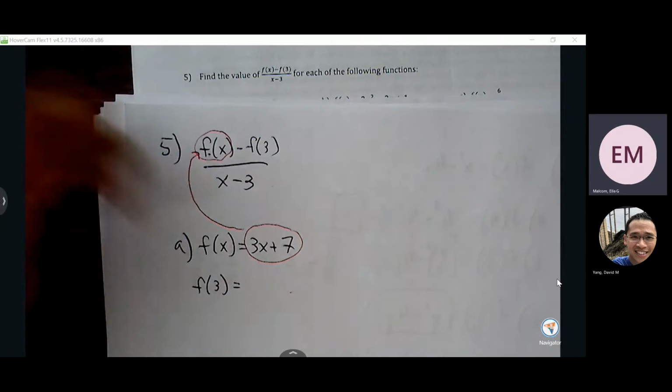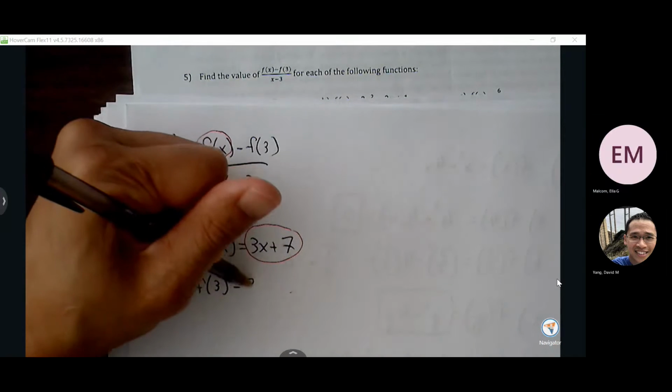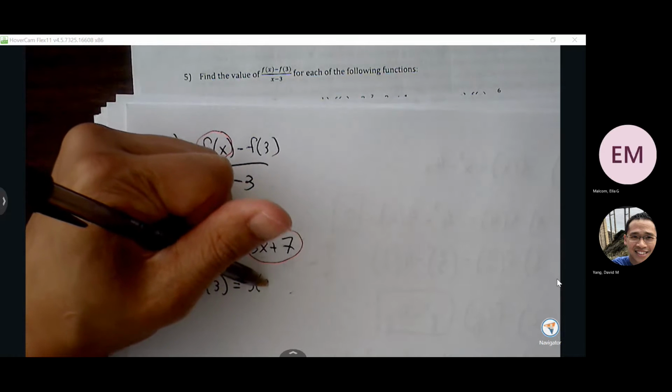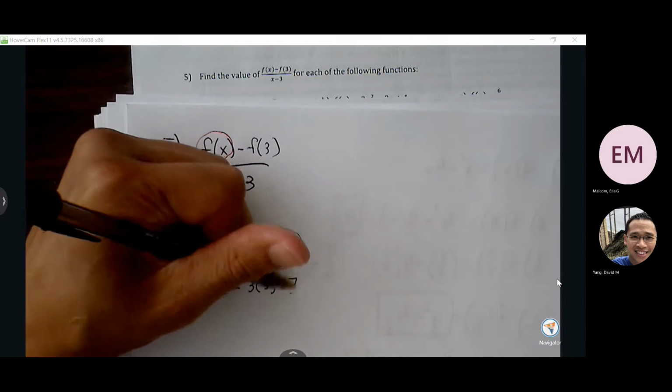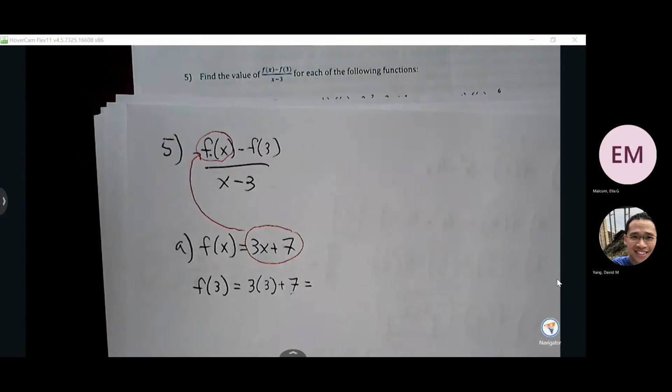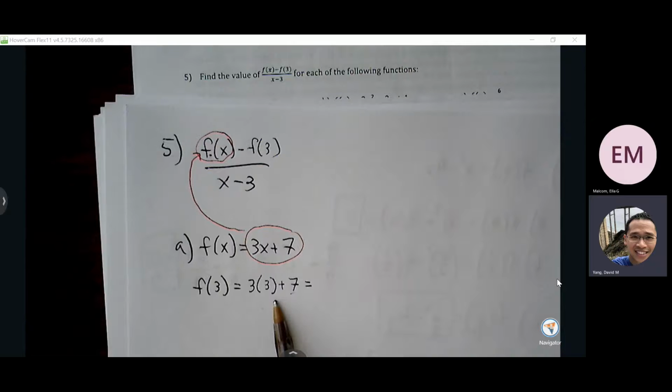So that's going to be 3x plus 7 minus 9 plus 7. Well, let's find this value first, and then we can insert it.